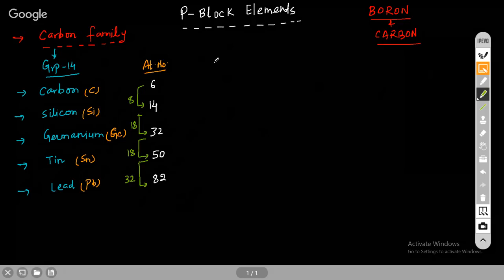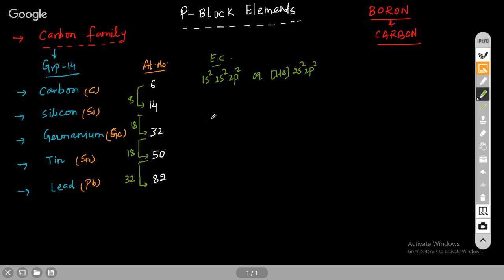Okay, electronic configuration. For the first one we can write 1s2 2s2 2p2. Or we can write helium, which is 1s2, then 2s2 2p2.